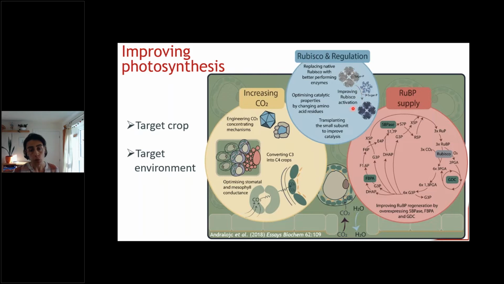In the case of wheat and cowpea, we know that Rubisco and its regulation limit photosynthetic productivity in these crops and for their target environments. So we know that there is scope for improving photosynthetic efficiency by tackling Rubisco and making its activation more efficient.